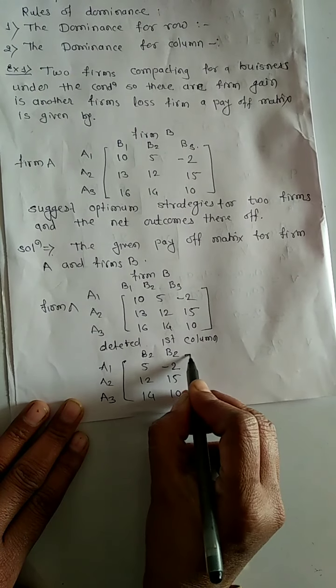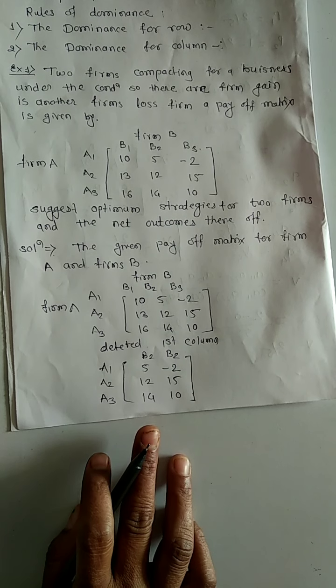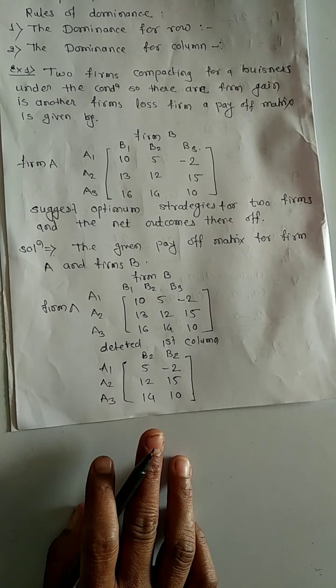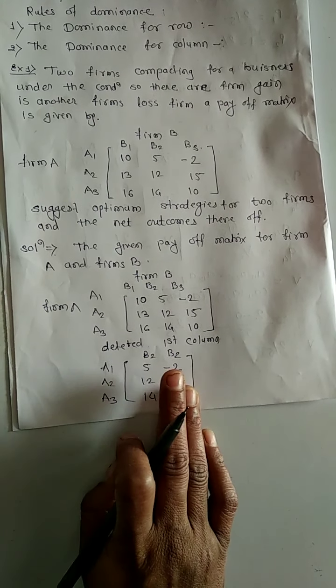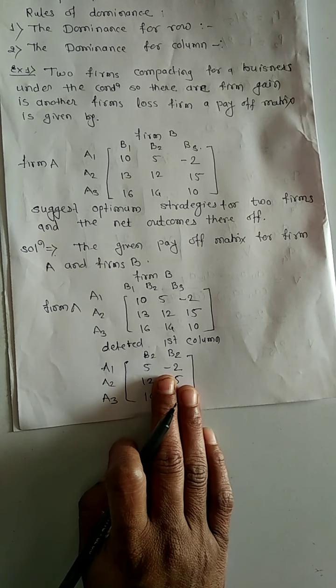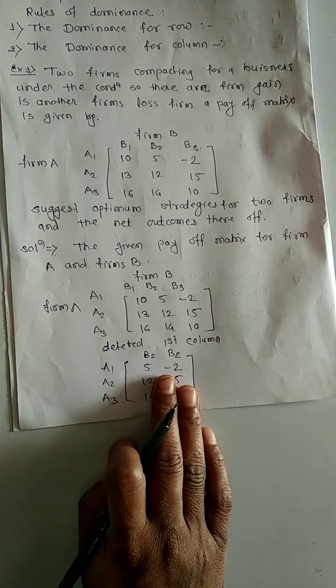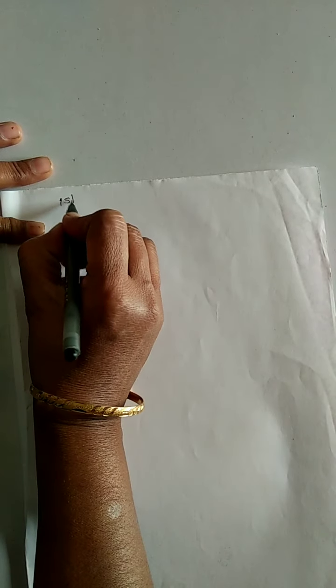And again we see that the first row is dominated by the second and third rows, because the elements of the first row, 5 and minus 2, are less than or equal to the elements of the second and third rows. Therefore the first row is deleted.